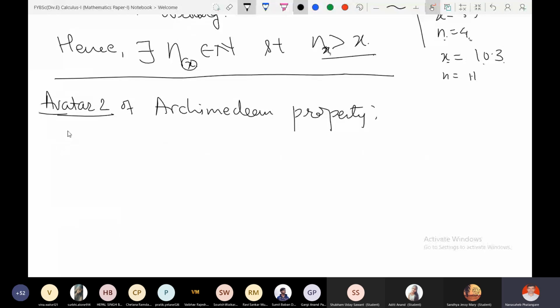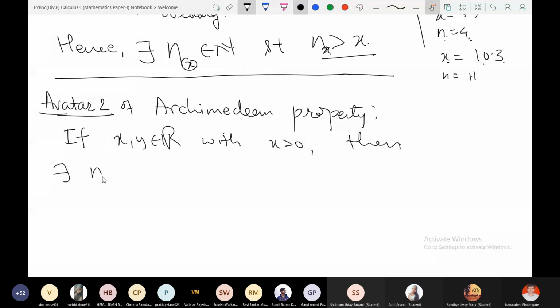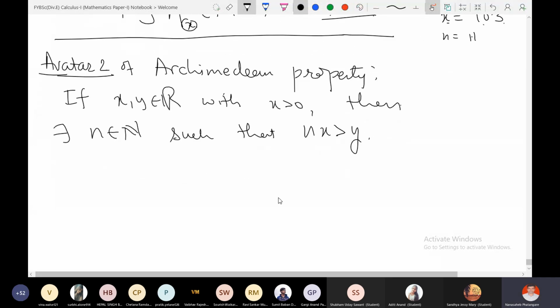If x, y belong to R with x positive, then there exists a natural number n such that nx is greater than y. So this is avatar 2 of the Archimedean property. Why am I calling it avatar 2? Because these two are equivalent.